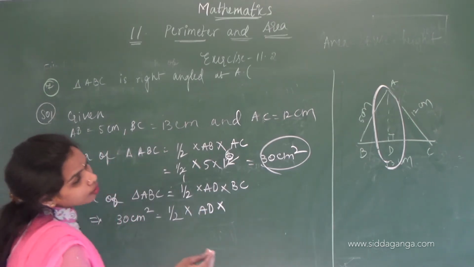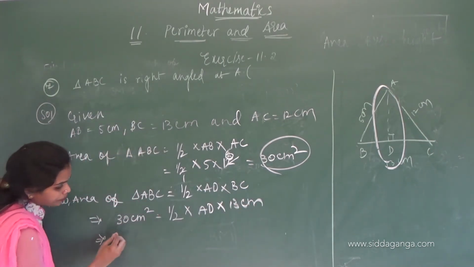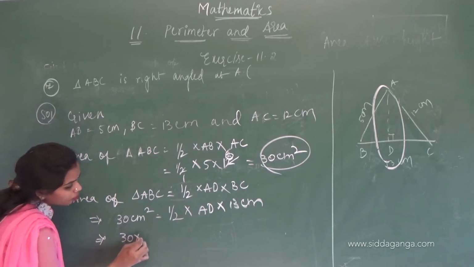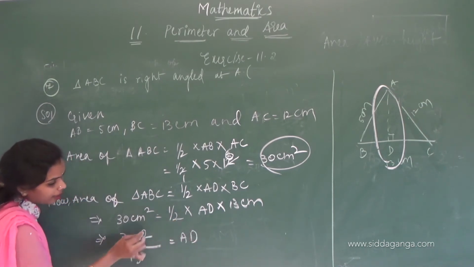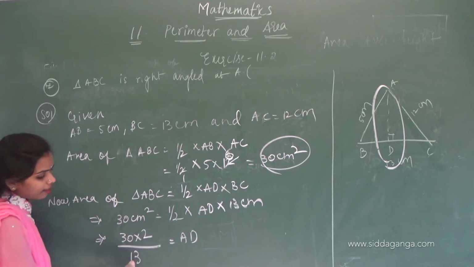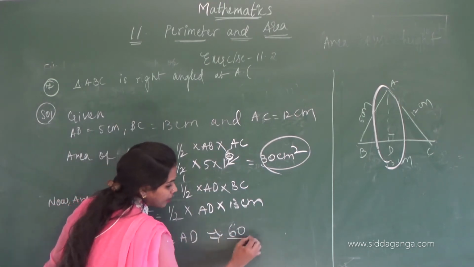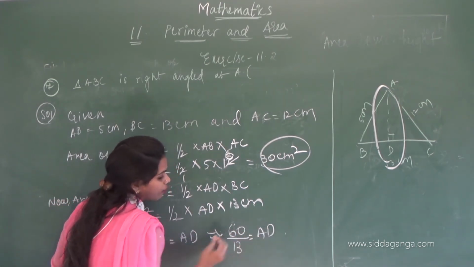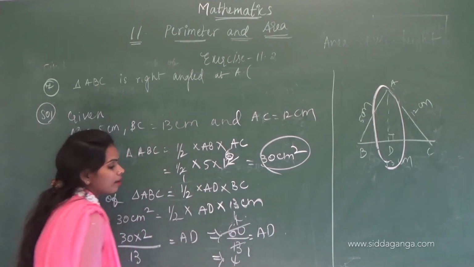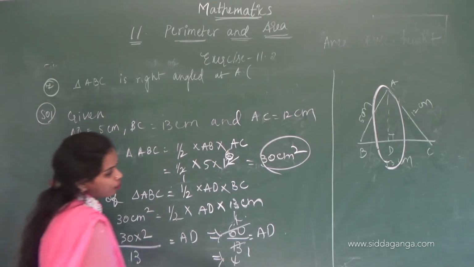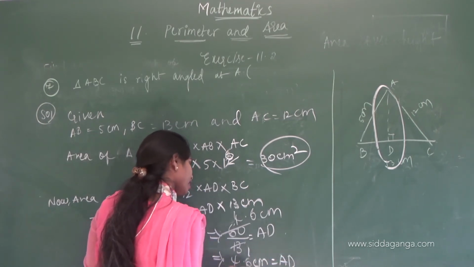That implies 30 into 2 divided by 13 is equal to AD, so 60 by 13 is equal to AD, which is about 4.6 centimeters.